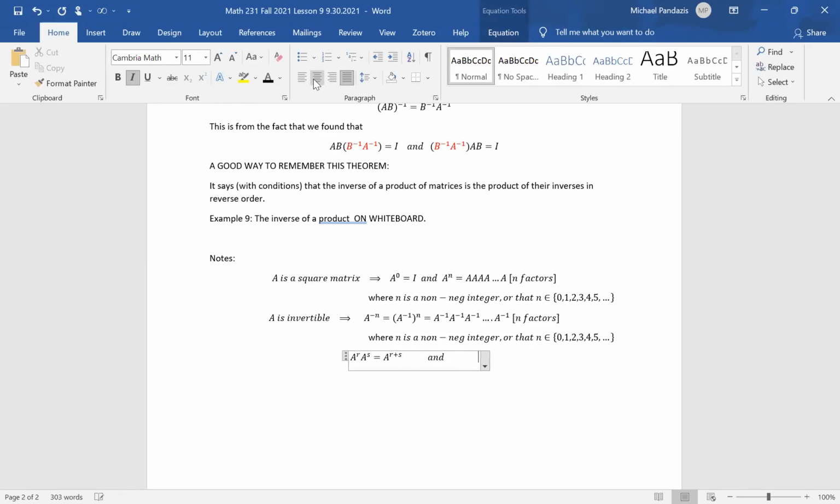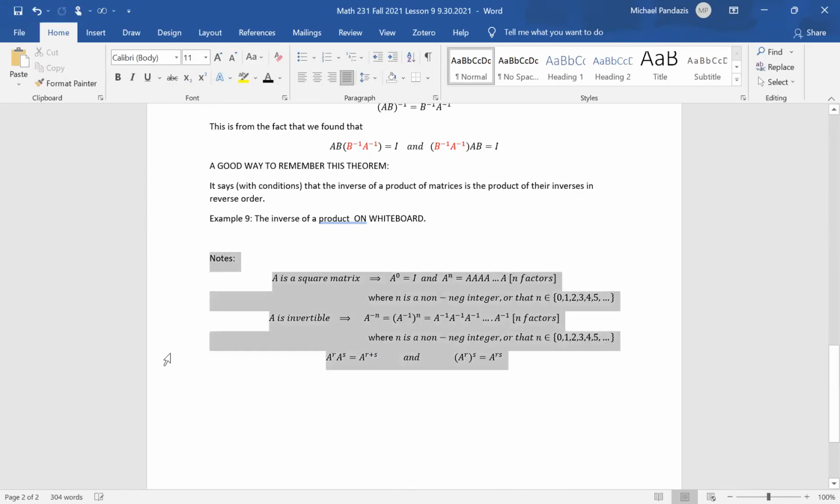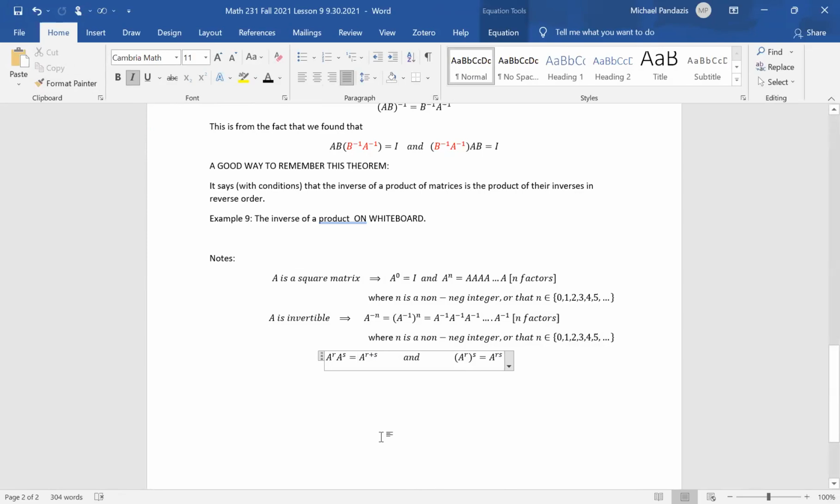And if you take A raised to the rth power and raise that to the s power, it's equal to A raised to the r times s power. These are just notes, facts.